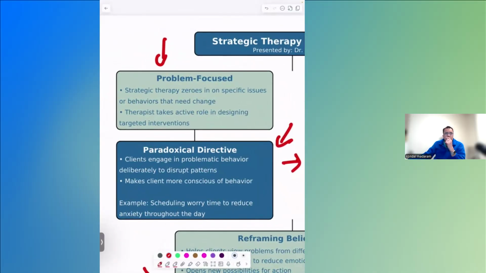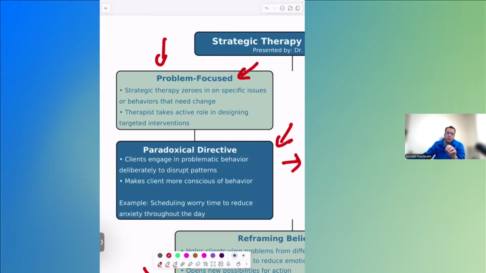Problem focused is on specific issues or specific behaviors. The therapist takes an active role in designing targeted interventions to address these challenges. Now, let's say that a client, a patient, is struggling with procrastination.